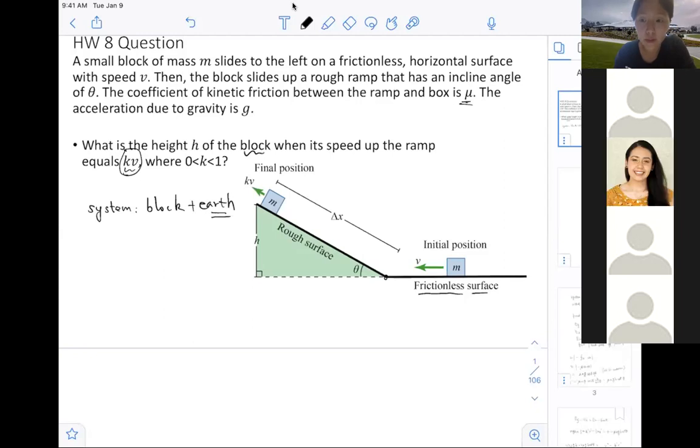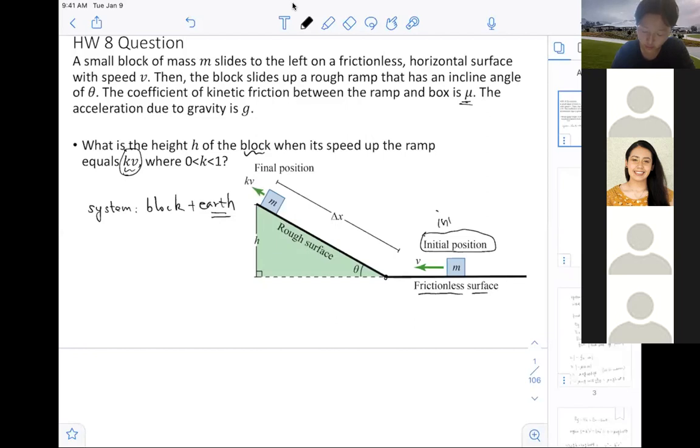Easier. Okay, all right. So let's define our initial and our final point. Where do you want to define the initial point? Probably at the bottom where it says initial position. It has told you where the initial position is, or initial moment.